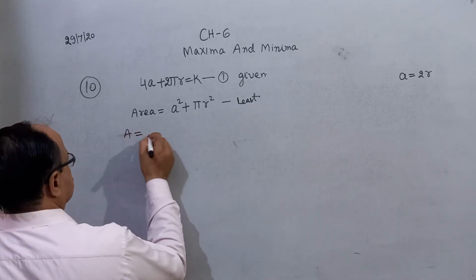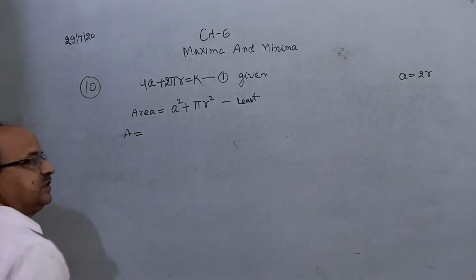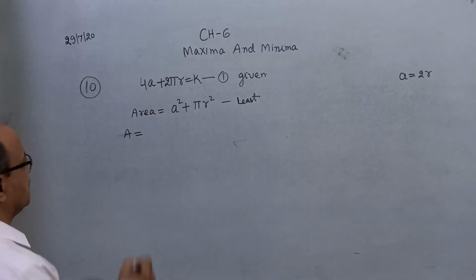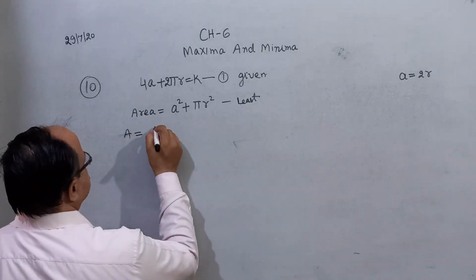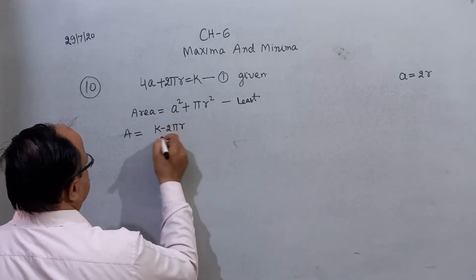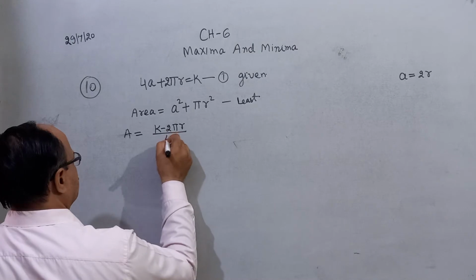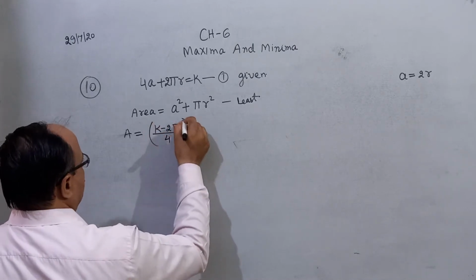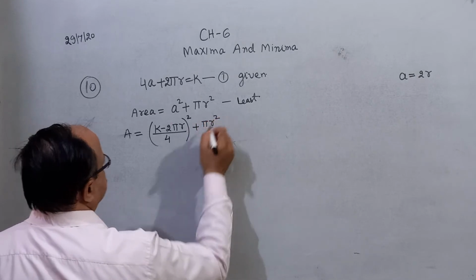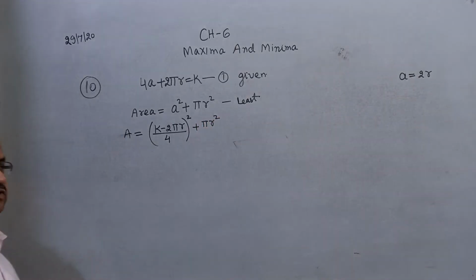What is the value of a from equation number 1? The value of a from equation number 1 is k minus 2 pi r by 4, whole square, plus pi r square.